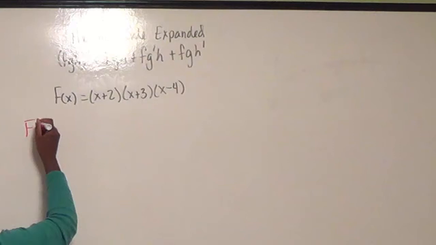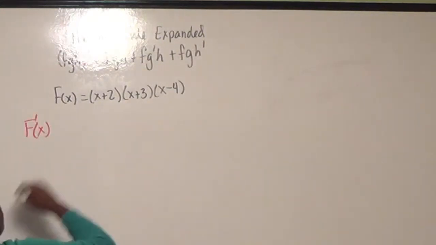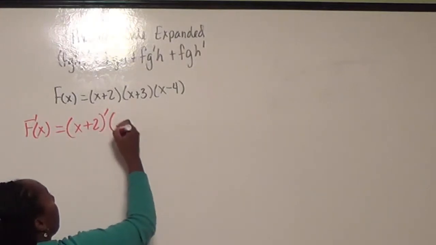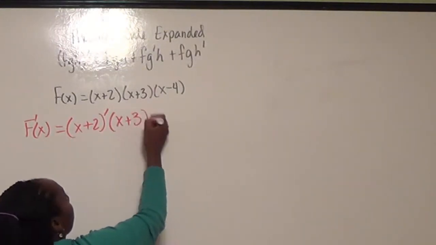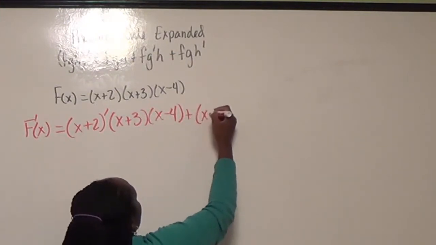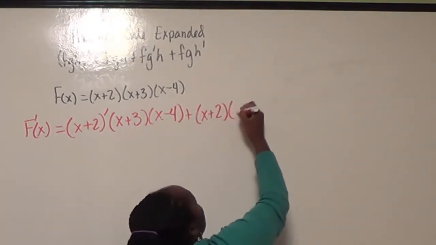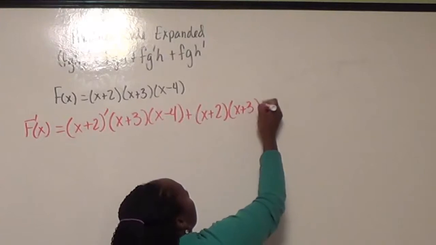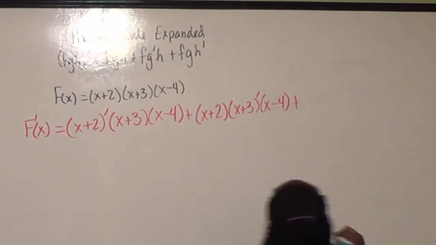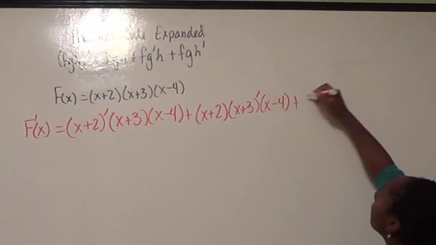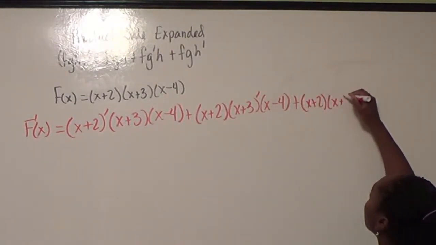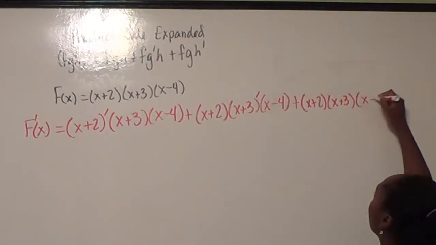So our derivative, f prime, says we're going to take the derivative of the first term times the other two, plus the first times the derivative of the second times the third, plus the first two times the derivative of the last term.